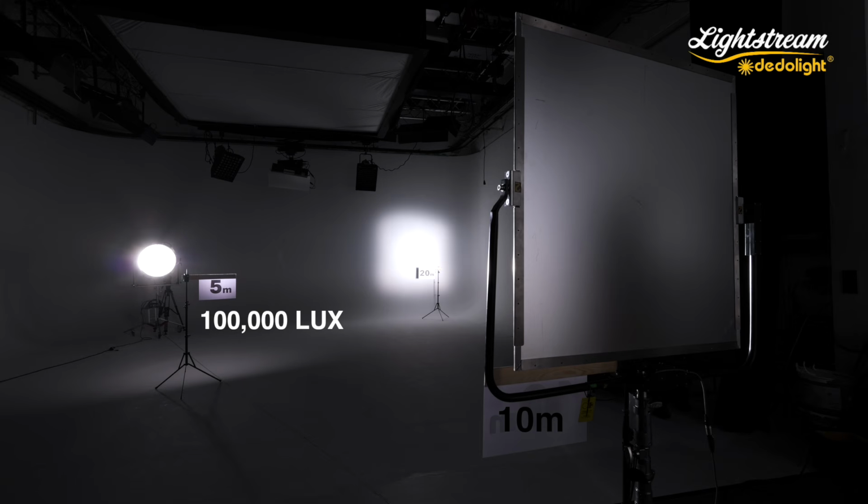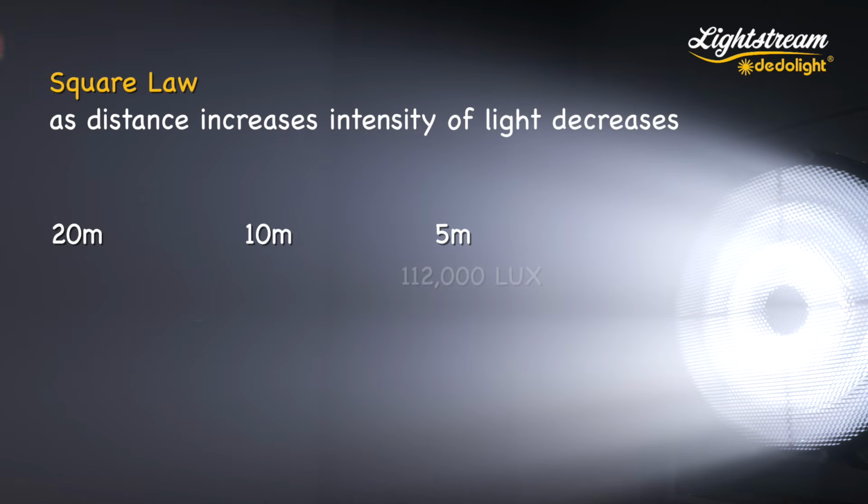Let's measure, for example, a 5-meter distance from the light. We arrive at about 100,000 lux or a little more. When we now double the distance, we should have 1/4 of the light. But amazingly enough, we don't have 25,000 lux, as we would expect, but 68,000.